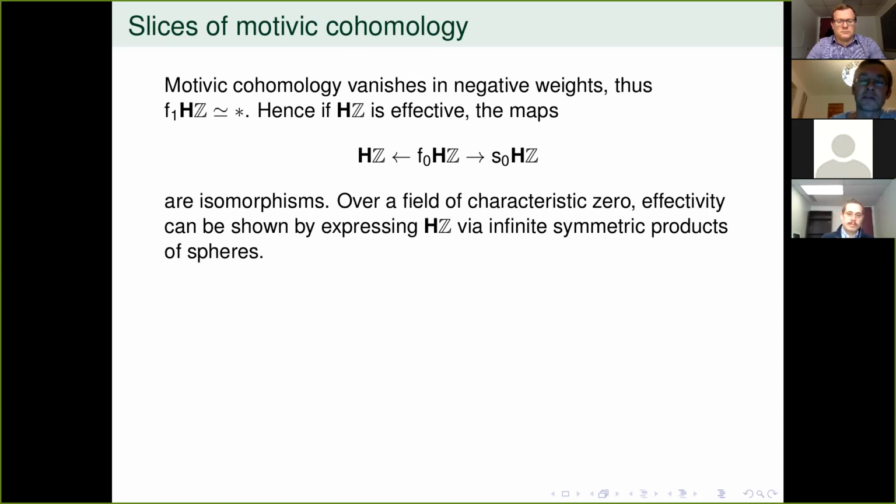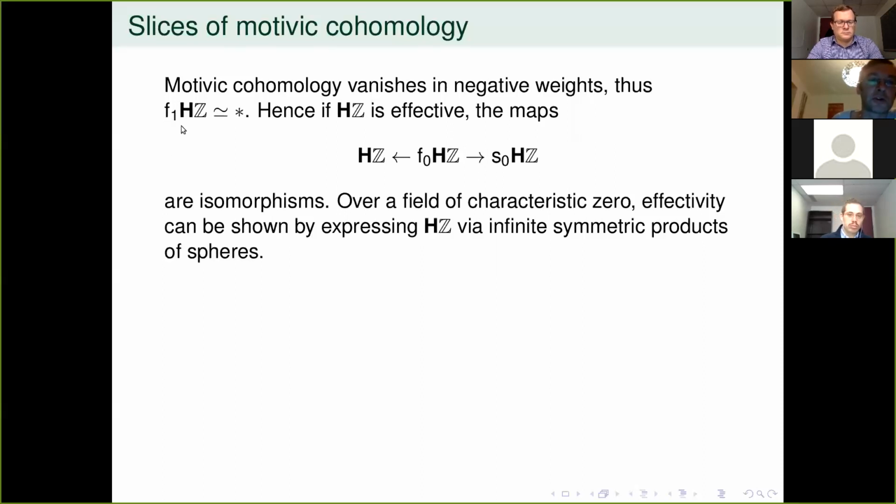Let's see. Yeah, this was just a picture, and what you can then already guess, once motivic homology is identified as a slice of something, is that the slice of it should be easily computed. There's, in some sense, an easy statement about motivic homology that it vanishes in negative weights. This means when you map a suspension spectrum of a smooth scheme into it, and you smash this with at least one G_m, then it will map trivially to motivic homology.